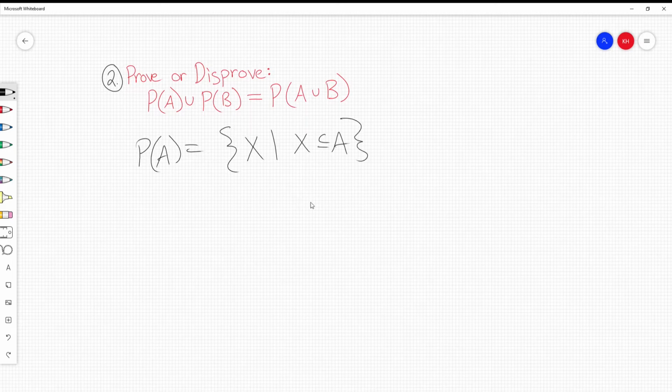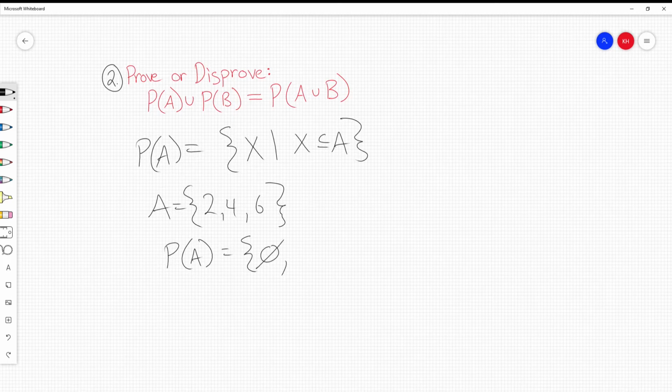So if A is equal to, say, {2, 4, 6}, then the power set of A is going to have the empty set, which is always in a power set.